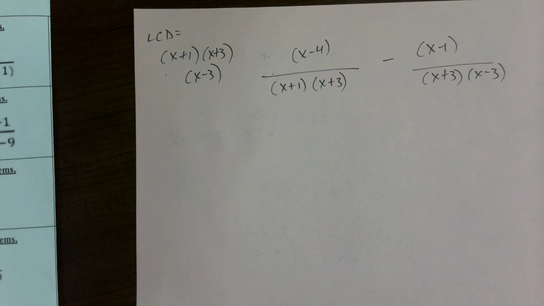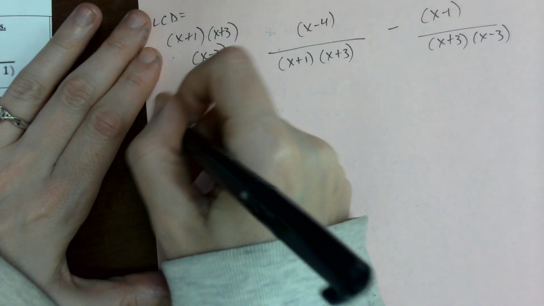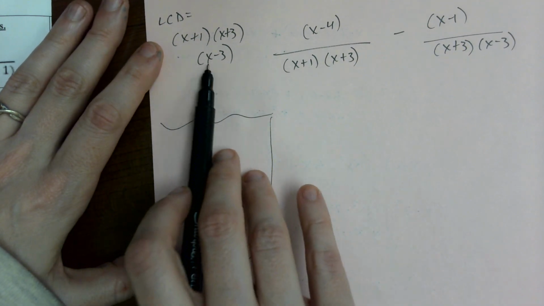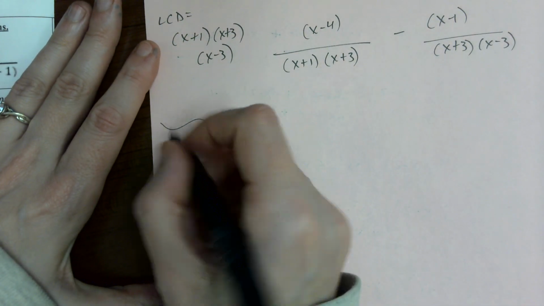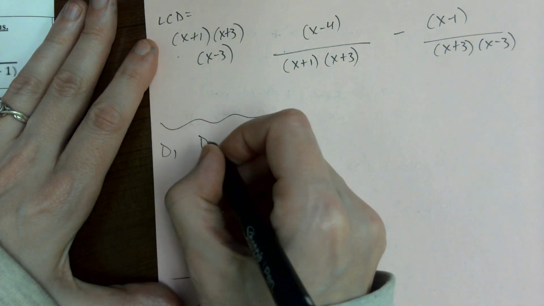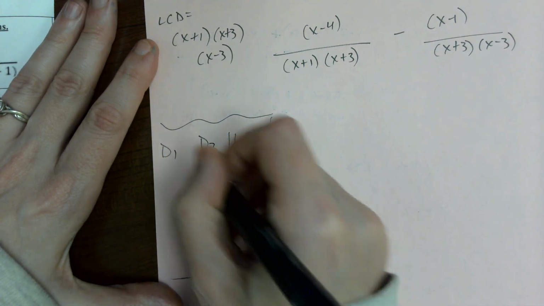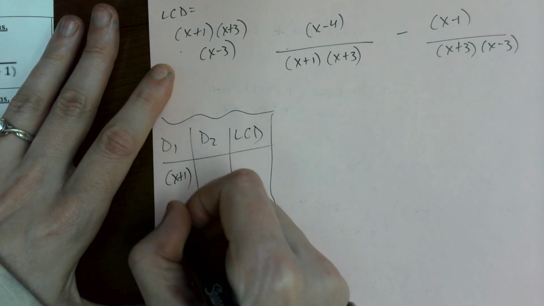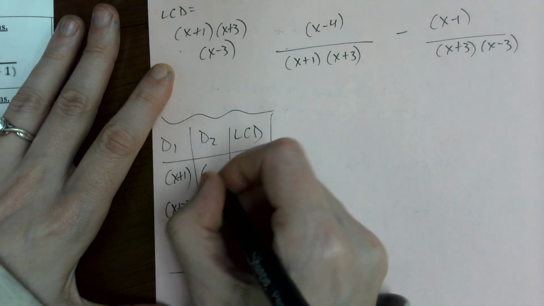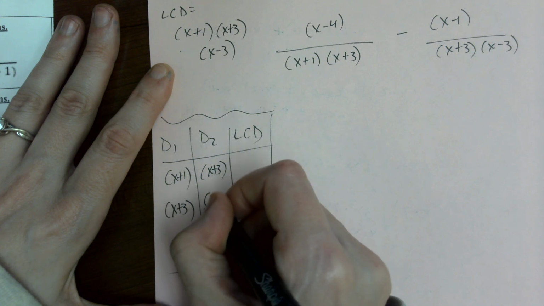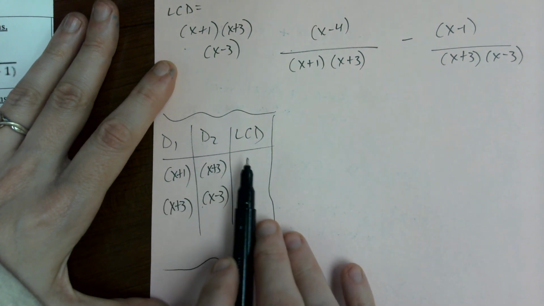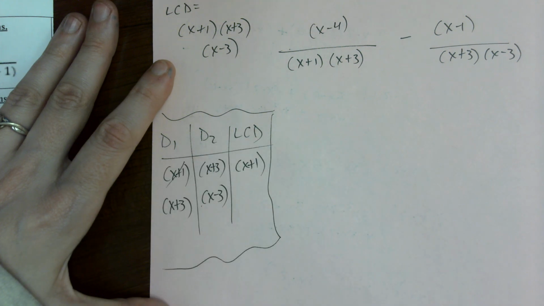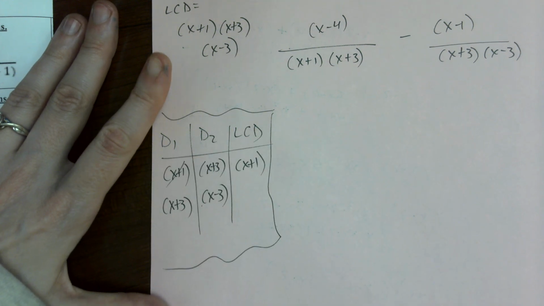Now, guys, you could skip over this part, but I think a few people might be confused, so let me just real quick go like this. Denominator 1, denominator 2, LCD. This is another thing that we've done. For my LCD, I need an x plus 1, so I can cross out one of them from each column.